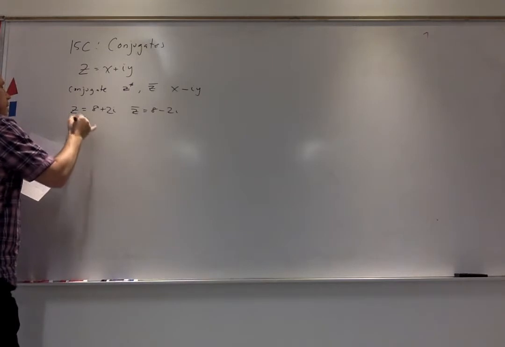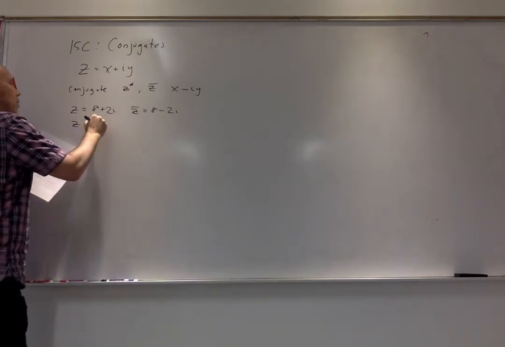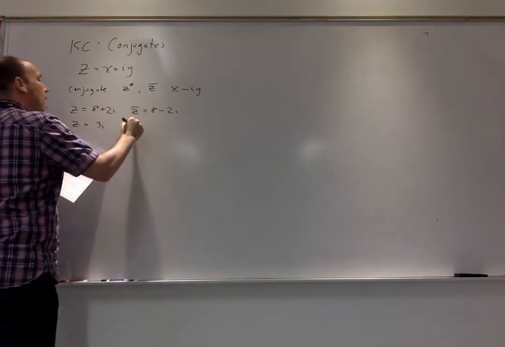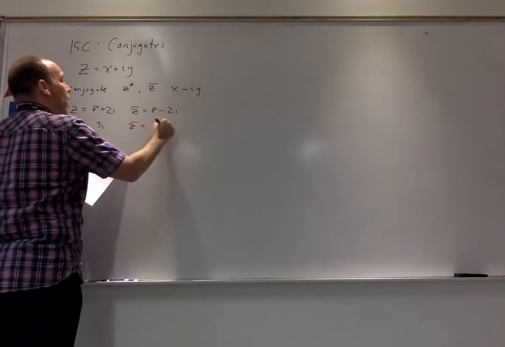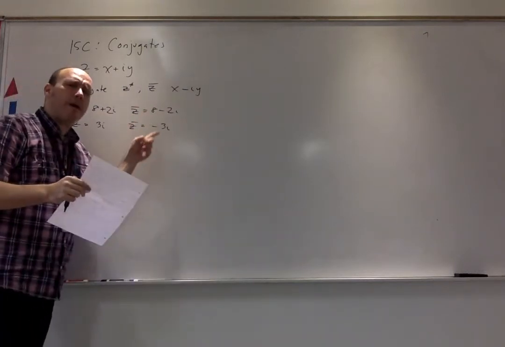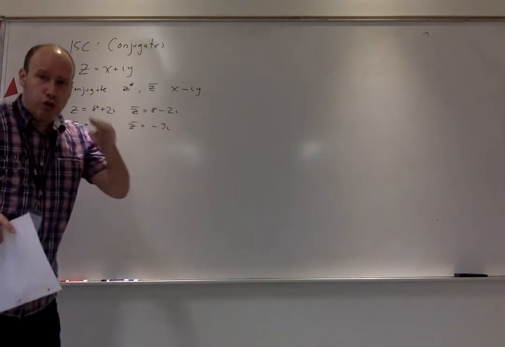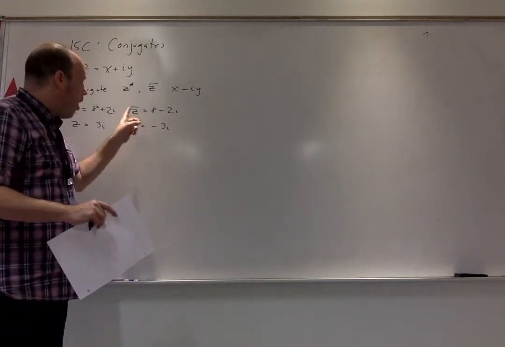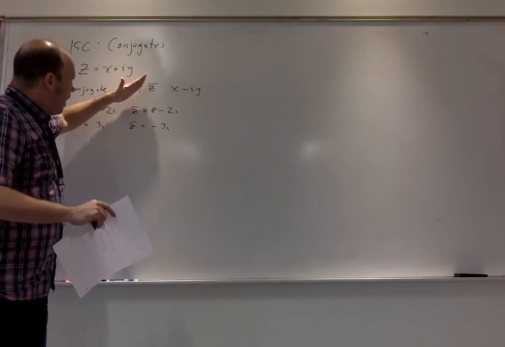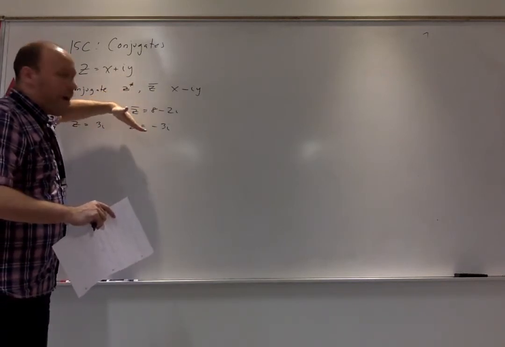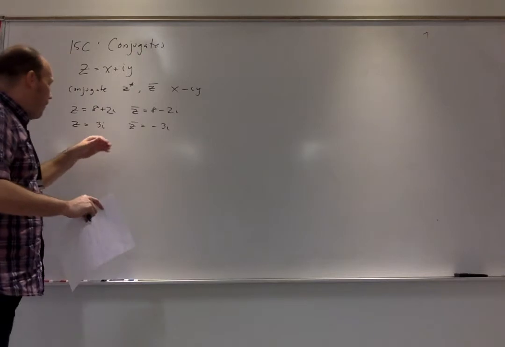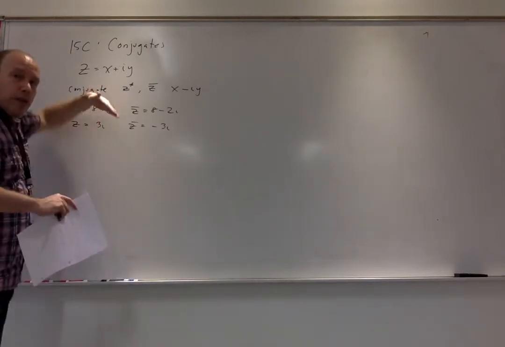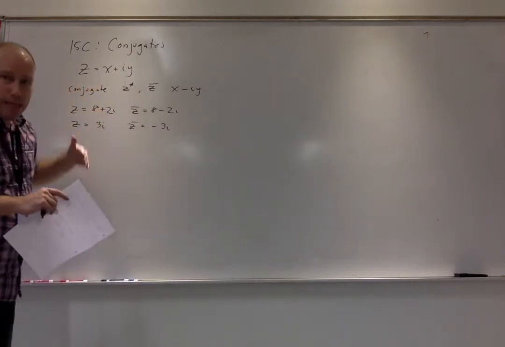And if z is 3i, then its conjugate is negative 3i. Keep in mind the geometry, because we're training ourselves to think of numbers geometrically. 8 plus 2i is up here, 8 minus 2i is down there. If 3i is up here, then negative 3i is down here.